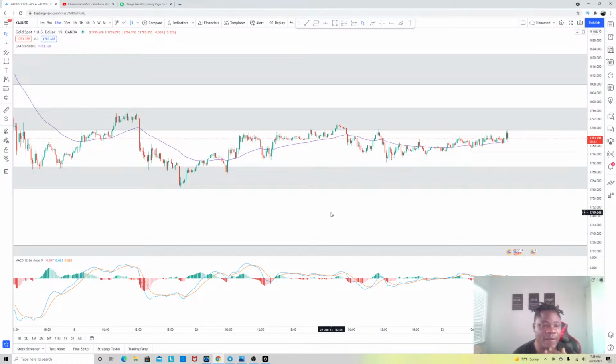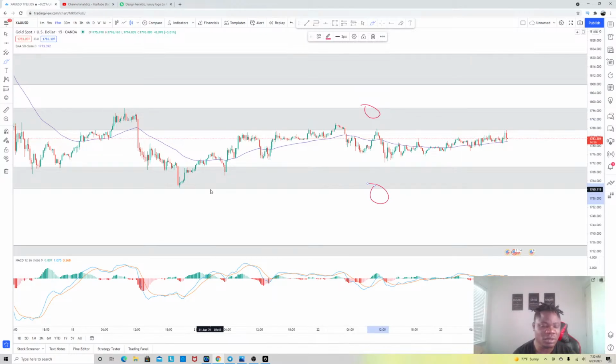But looking at gold here on the lower time frame, in this case the 15-minute time frame, for potential buys, we definitely need price to be above this zone, and for potential sells, we definitely need price to be below this zone, and then we can safely scalp gold as well, because I believe in waiting for the market to start trending, even if you're scalping. Even when I'm scalping, I still like to follow the trend, because the trend is always going to be your friend no matter what.